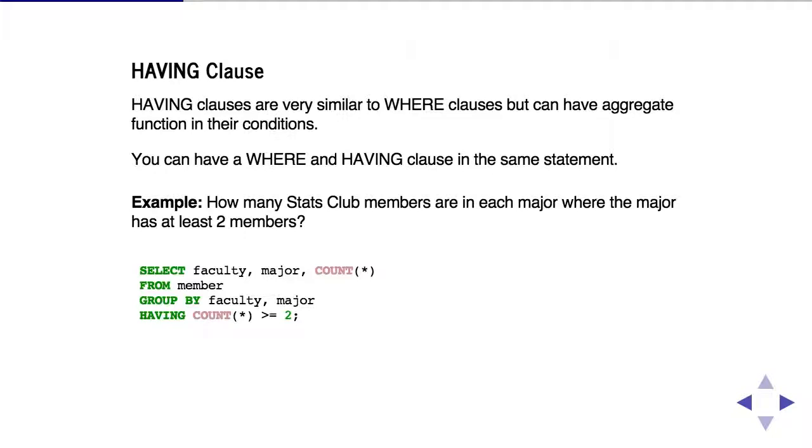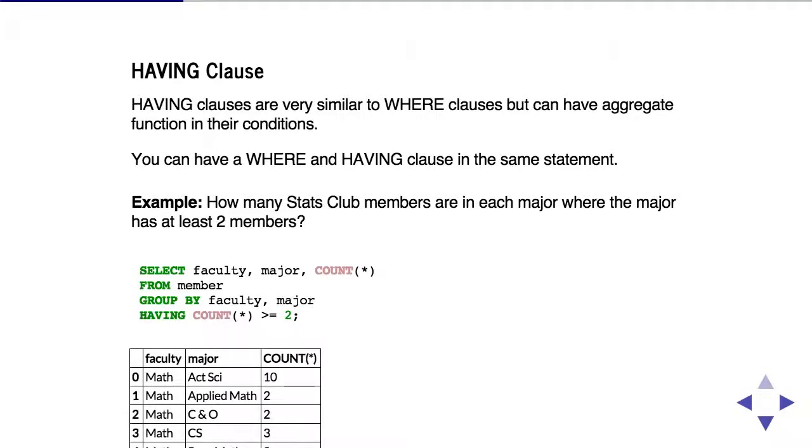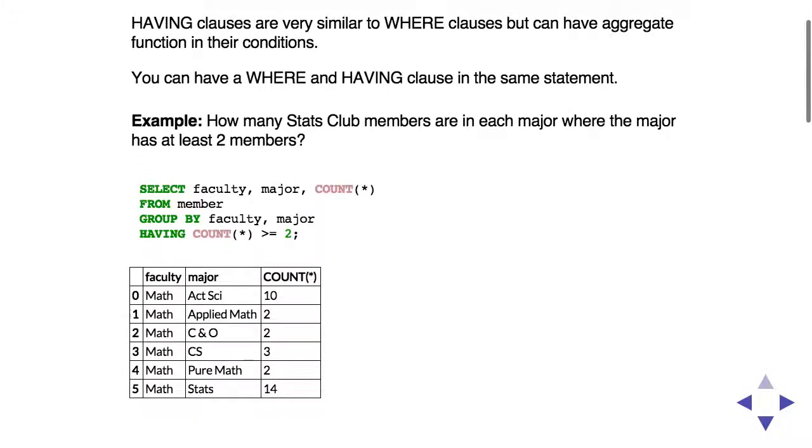Having count star greater than or equal to 2 makes sure it filters out only majors that have at least 2 members. So as you can see, applied math, all these values here are greater than or equal to 2.